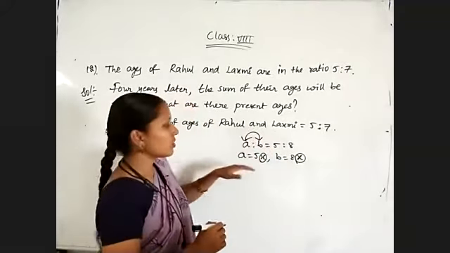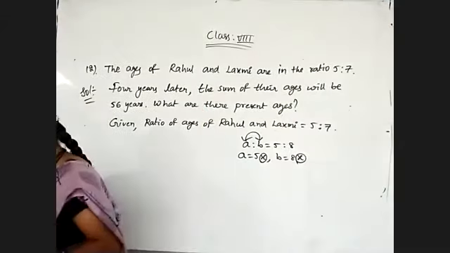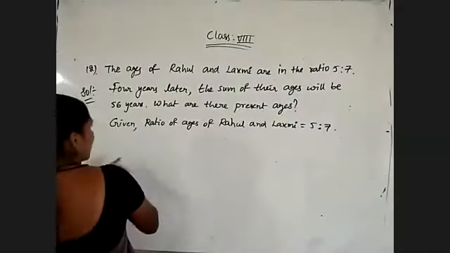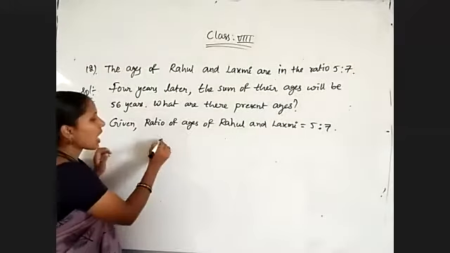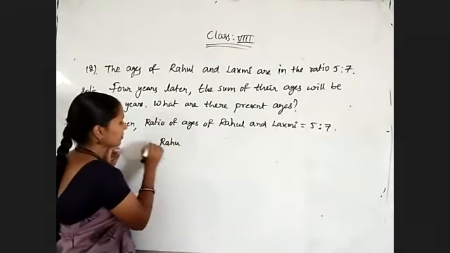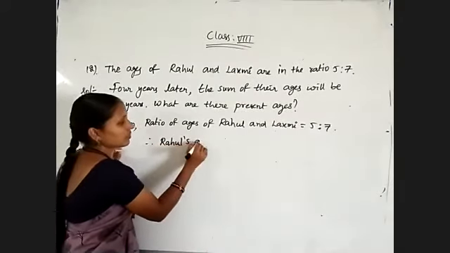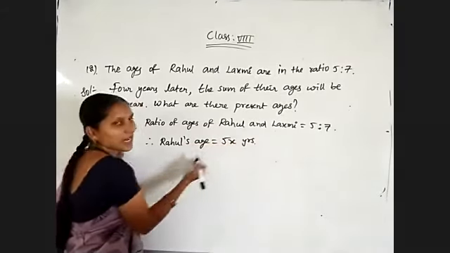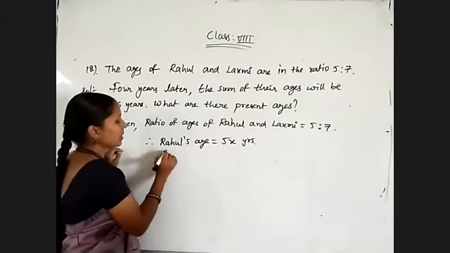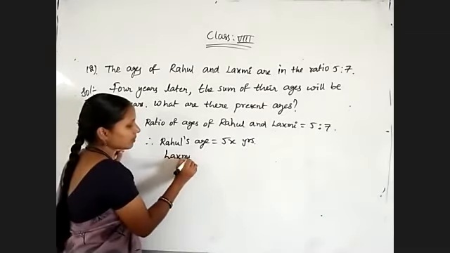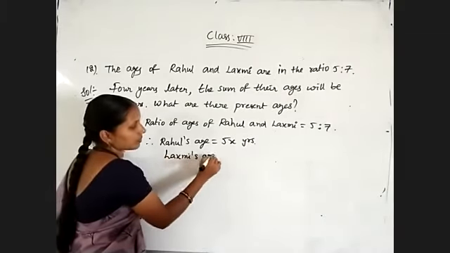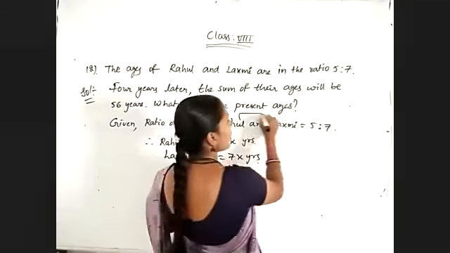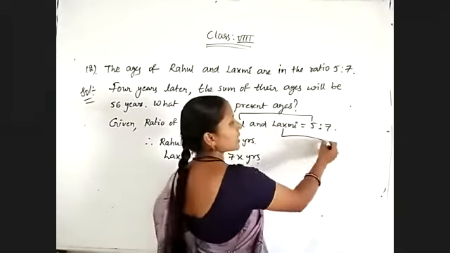Okay, so now what I am taking: Rahul's age will be 5x years. Now this is the present age. And Lakshmi's age will be 7x years. Why? Because Rahul has 5 parts given, Lakshmi 7 parts given.